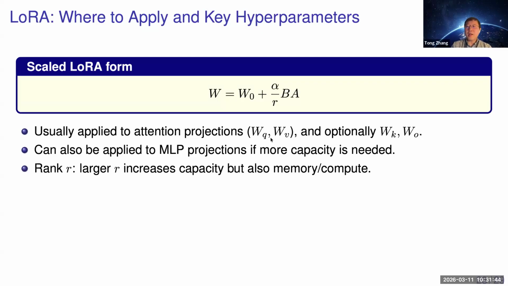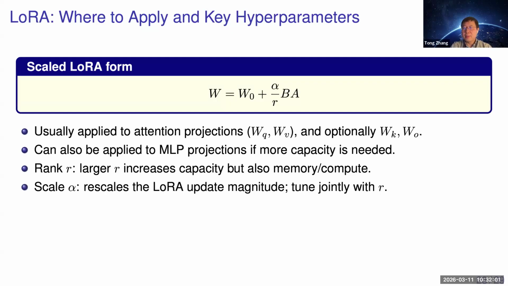Rank r is one of the parameters. A larger rank means more capacity, but certainly more memory. So usually you use a small rank: 4, 8, 16, and so on. This is a typical setting. Scale alpha depends. Usually you set it by certain rules, but you can also tune it if you want.